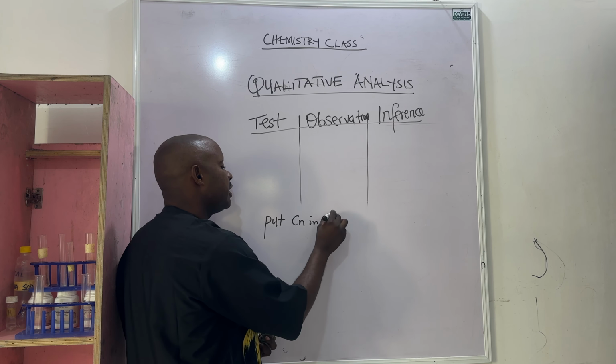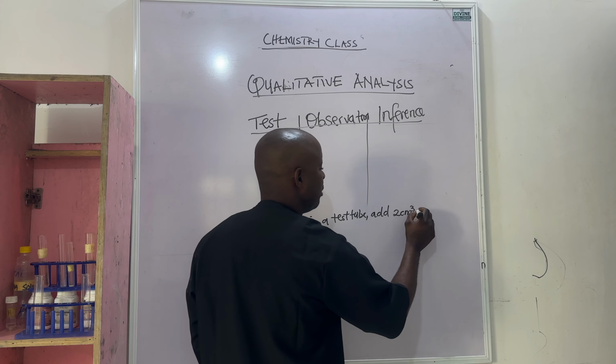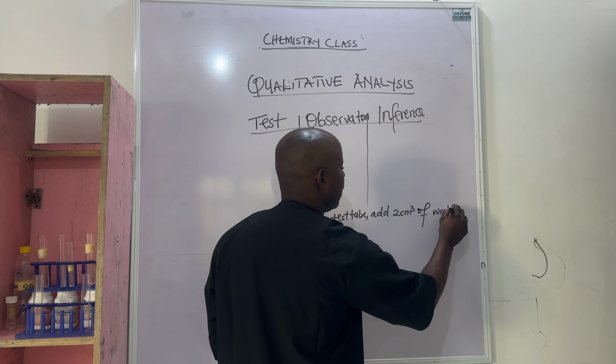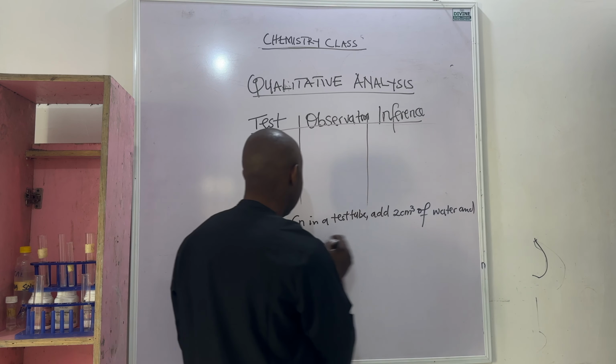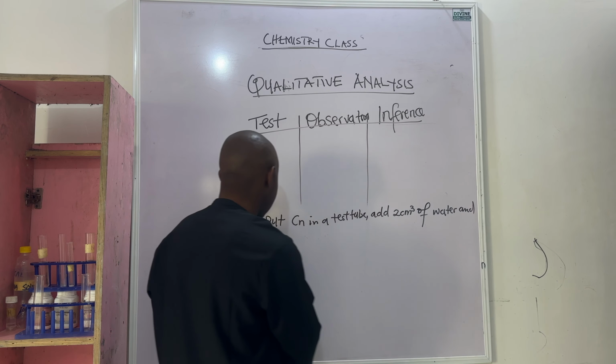They say add 2 cm cube of water, and this means you must add 2 cm cube, and test the solution with litmus paper. So this is the first step: put Cn in a test tube, add 2 cm cube of water, and test the solution with litmus paper.